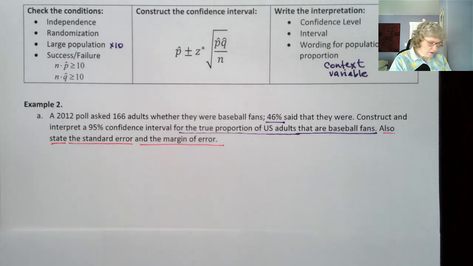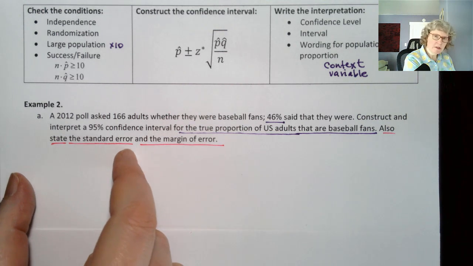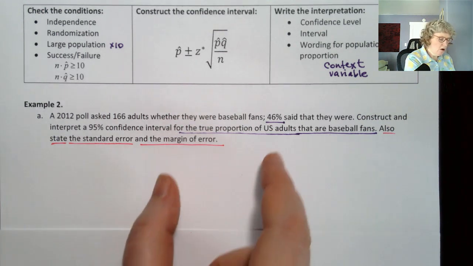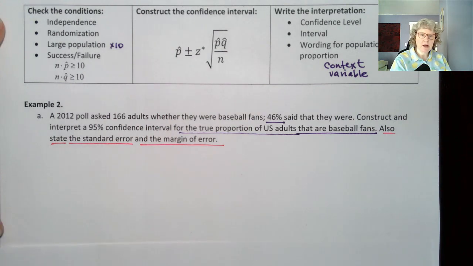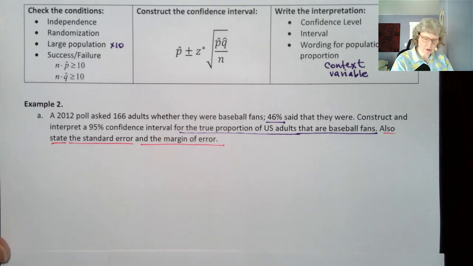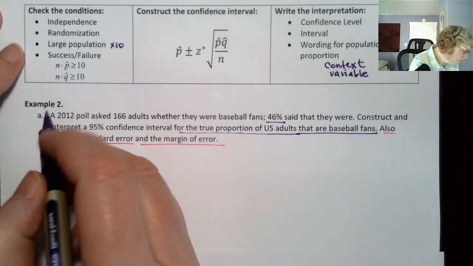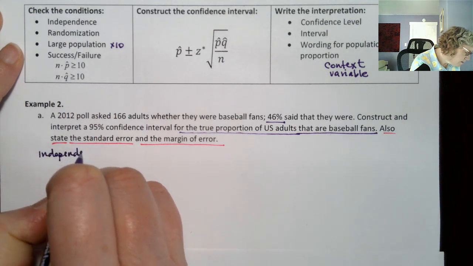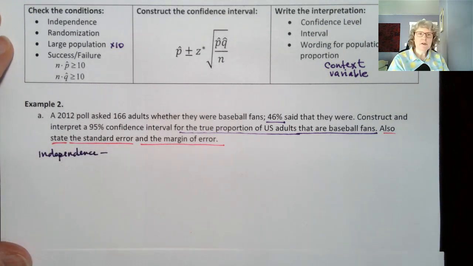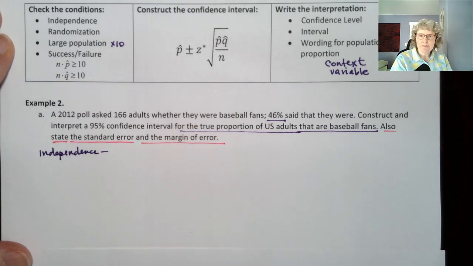First, conditions. If it helps, I'm going to do this in three columns, just like the notes up above, with the conditions, then the interval, then the interpretation. But if you want to write it out in a different way, that's fine too. So, independence. The people must be independent of each other in terms of whether they're baseball fans or not.